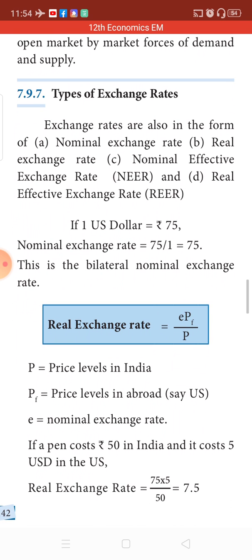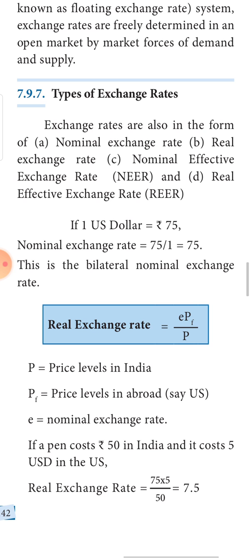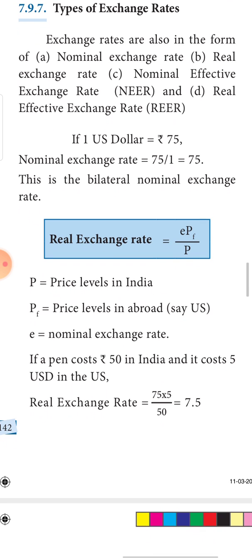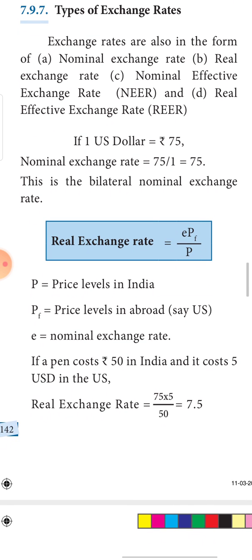The next is, what are the types of exchange rate, how it is being determined. Basically, exchange rates are determined by two types. One is nominal exchange rate and the other is real exchange rate. Third one is nominal effective exchange rate, real effective exchange rate. Very simple to understand.